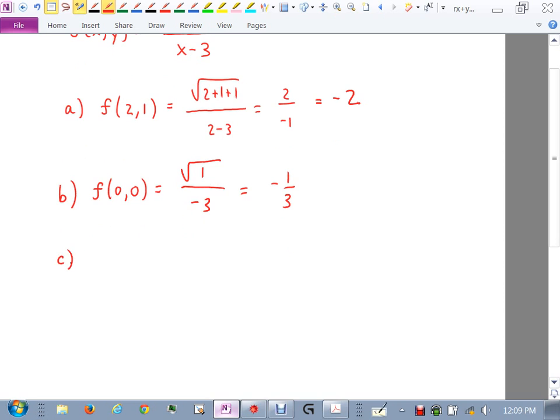How about f of negative 4, 1? You get the square root of negative 4 plus 1 plus 1, over negative 4 minus 3. Uh-oh. Square root of negative 2. It's not going to happen, right?